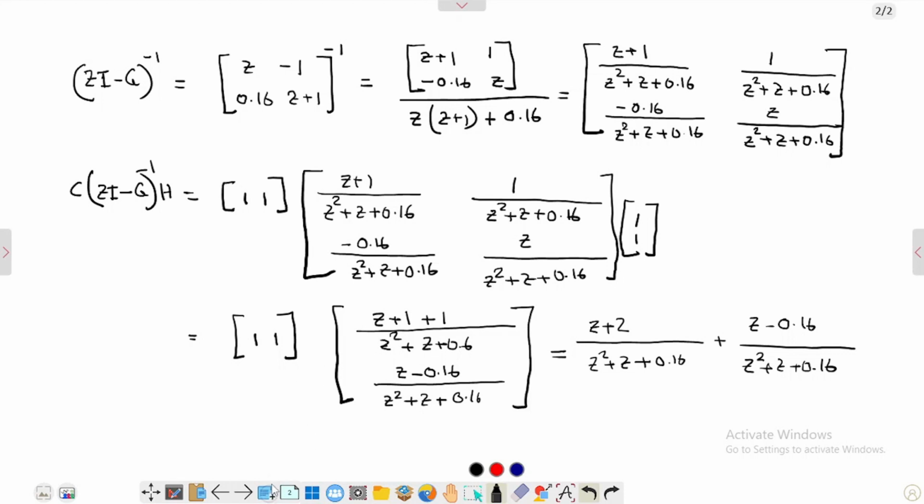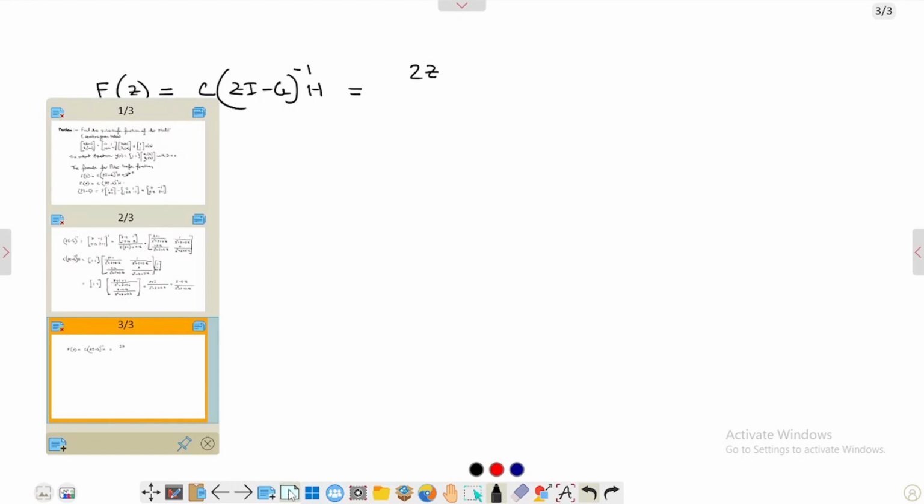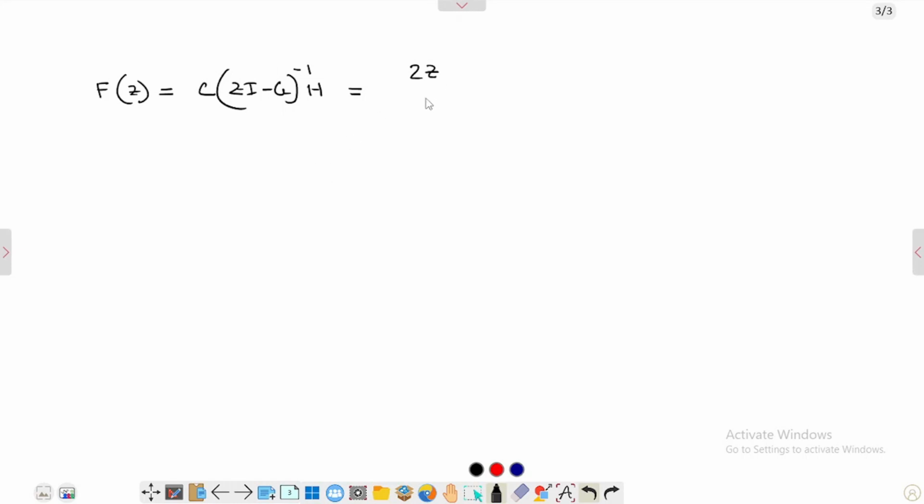If I go to the next page, I can write here F(z) is equal to C(zI - G)^-1 H, which is equal to 2z + 1.84 divided by z² + z + 0.16.